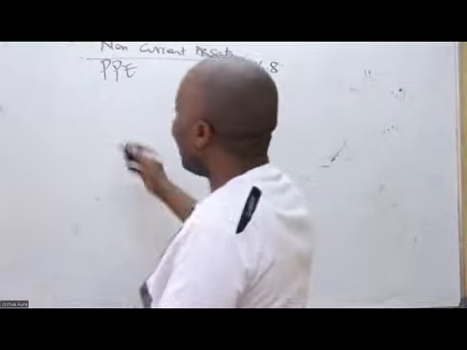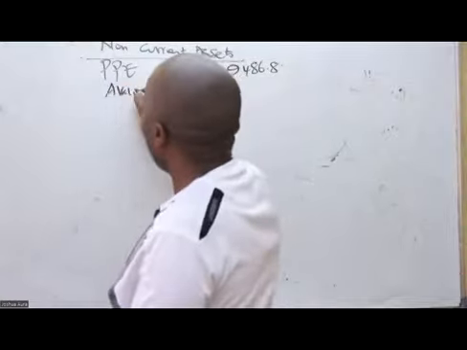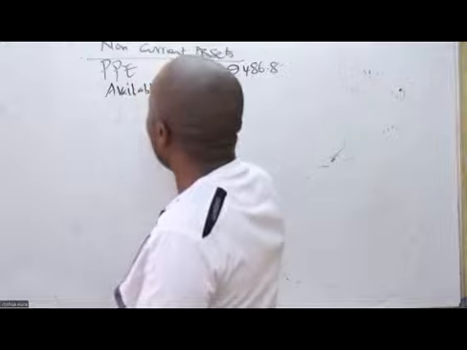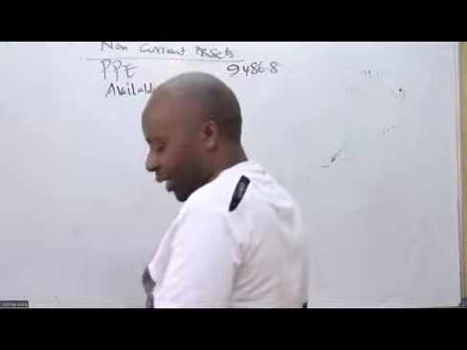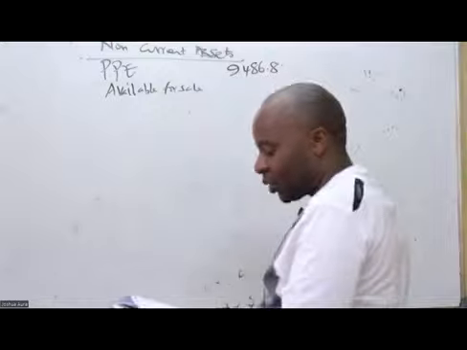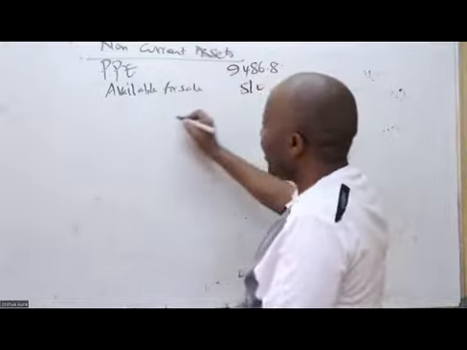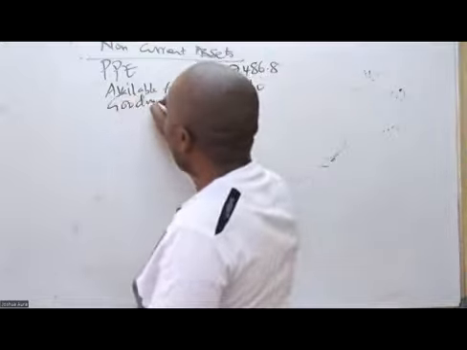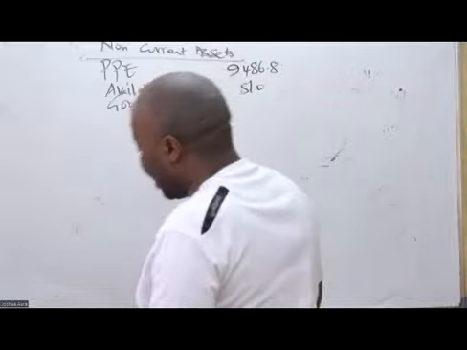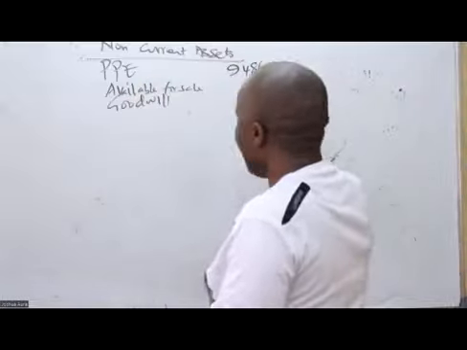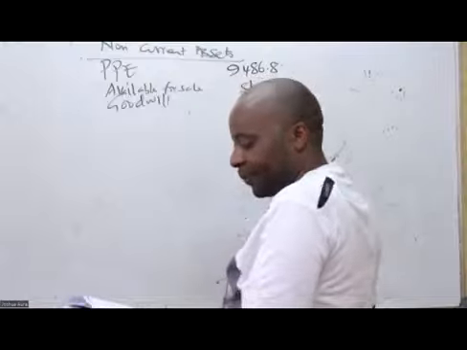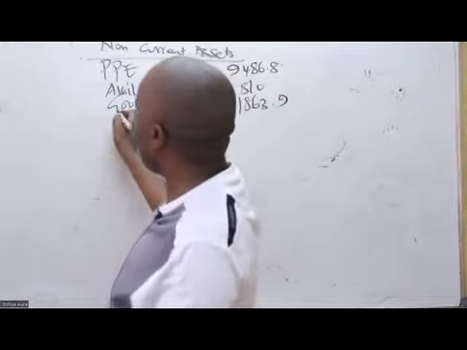Then we have available for sale asset 810. And then the last one is the goodwill that we have just computed, which gives me 1863.9. Then go to the current assets.